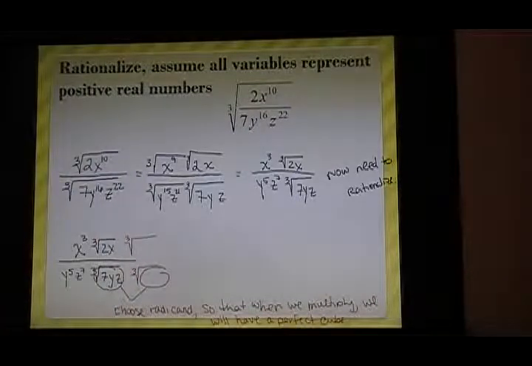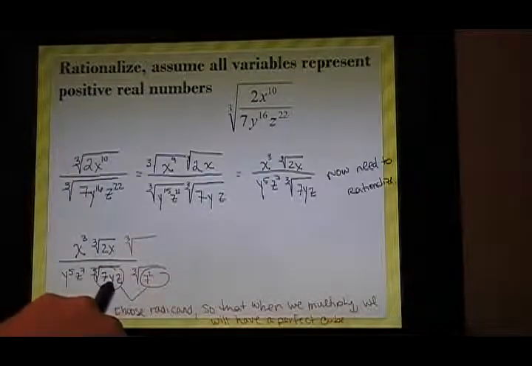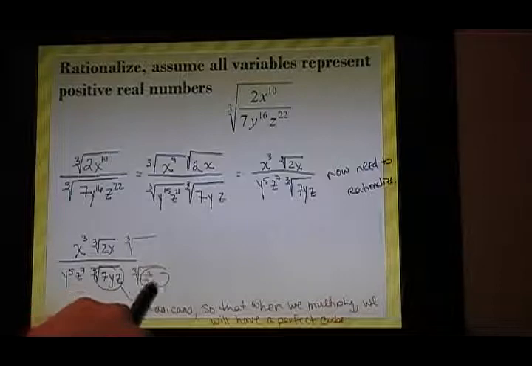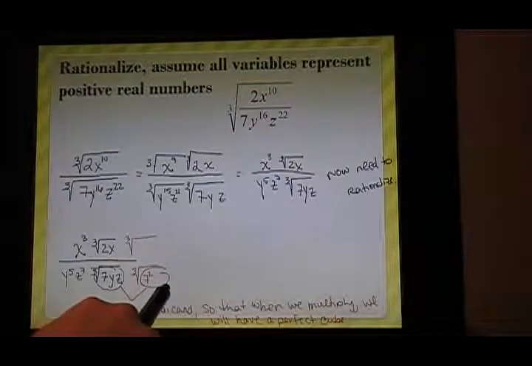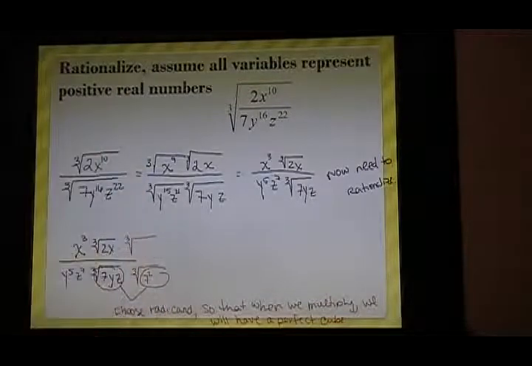Same thing with my y. I've got 1 y here. If I multiply by 2 more y's, then I'll have y to the third, which is a perfect cube, right? So y squared. Same thing with my z. If I multiply by 2 more z's, I'll end up with a perfect cube.